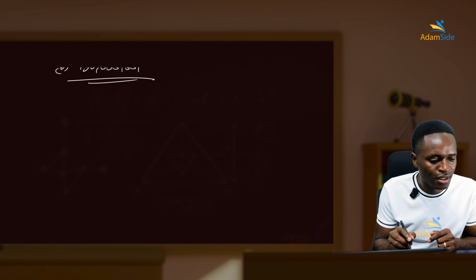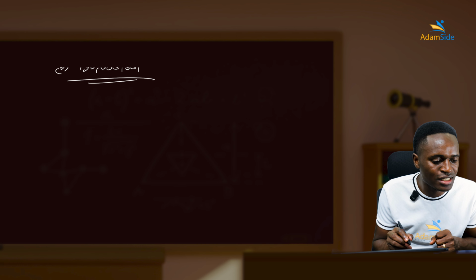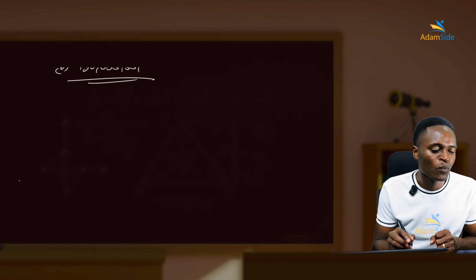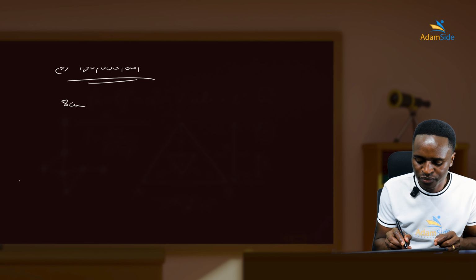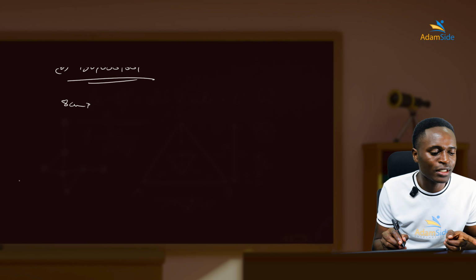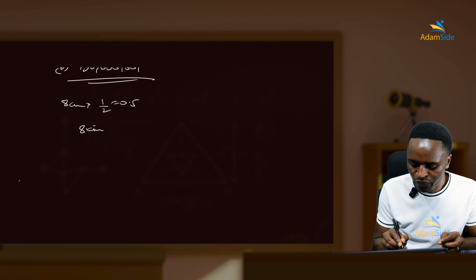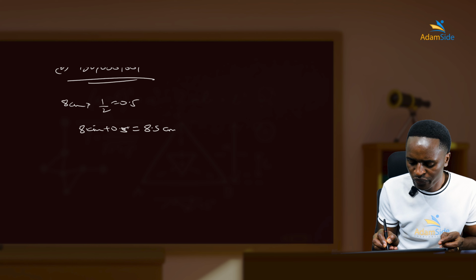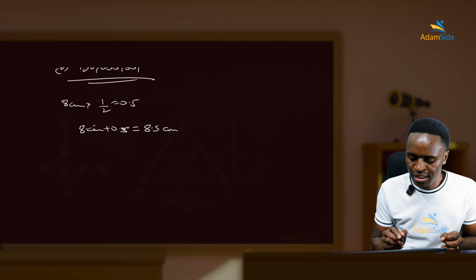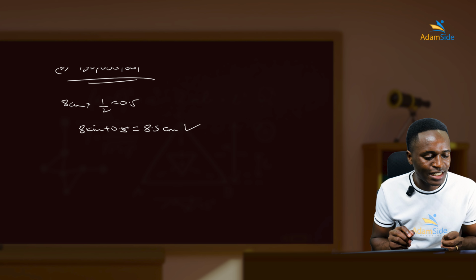Each is 8 centimeters, so it's a whole number. The degree of accuracy is 1 divided by 2, which is 0.5. Therefore, its upper bound is 8 centimeters plus 0.5, which gives 8.5 centimeters. This is our greatest length.